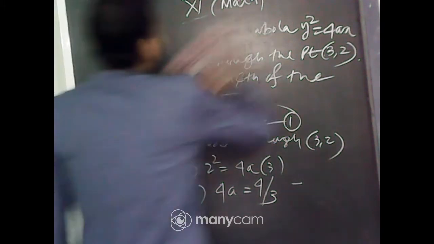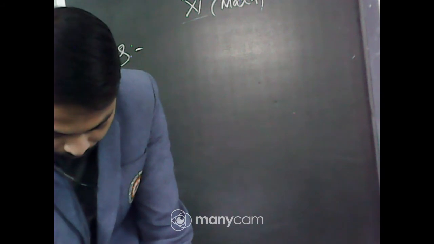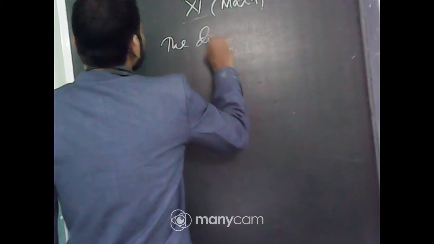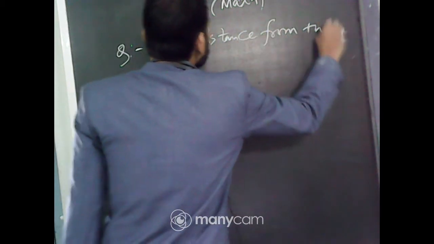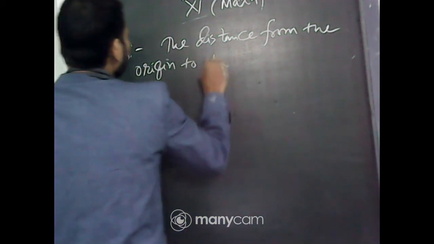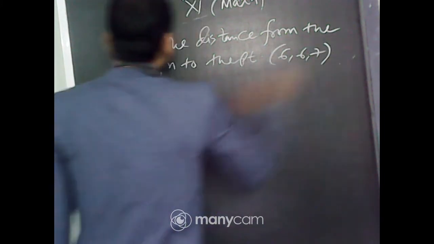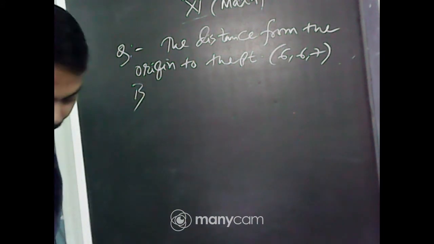Move on to the next question. The distance from the origin to the point (6, 6, 7) is, that is from 3D: 15, 11, 12, 18.